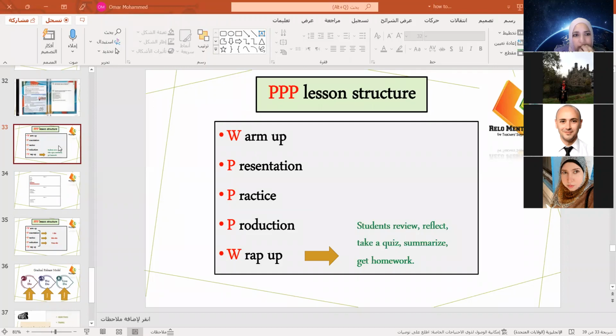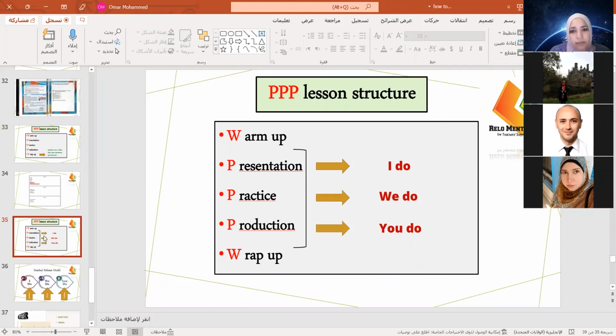When they answer the question, I can reflect on what they have learned or understood. Or something like homework they can do at home, and the next time I can check their homework. So these are the steps of the triple P lesson structure: presentation, practice, production.